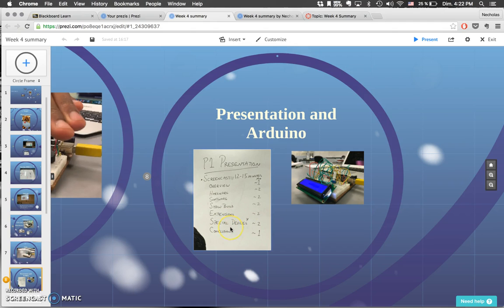Special devices: each different project had a special device attached to it. Ours was the photoresistor, which you saw, and then we had another one, number 11, which was the use of an LCD screen. And then of course a conclusion to wrap up the thoughts.